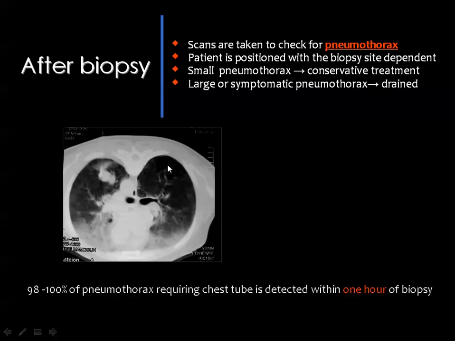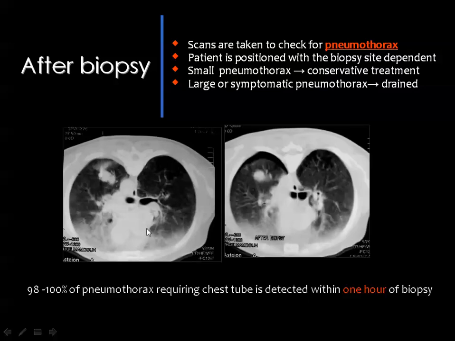Then this is a lesion which is posteriorly located in the lower lung lobe, and we put the patient in the prone position, and this is the needle passing a little bit through the lung parenchyma, hitting the lesion. You can easily appreciate this opacity, which means some bleeding in the pulmonary parenchyma here.